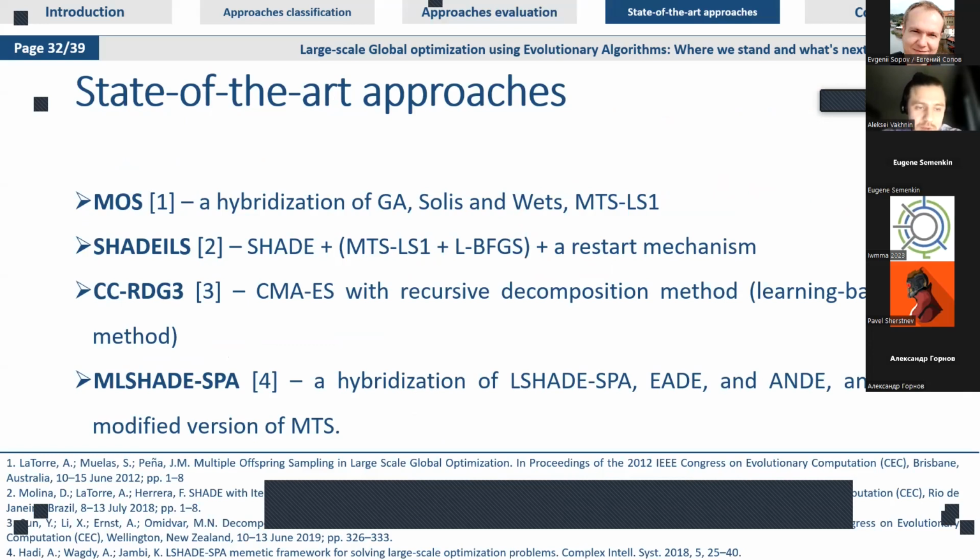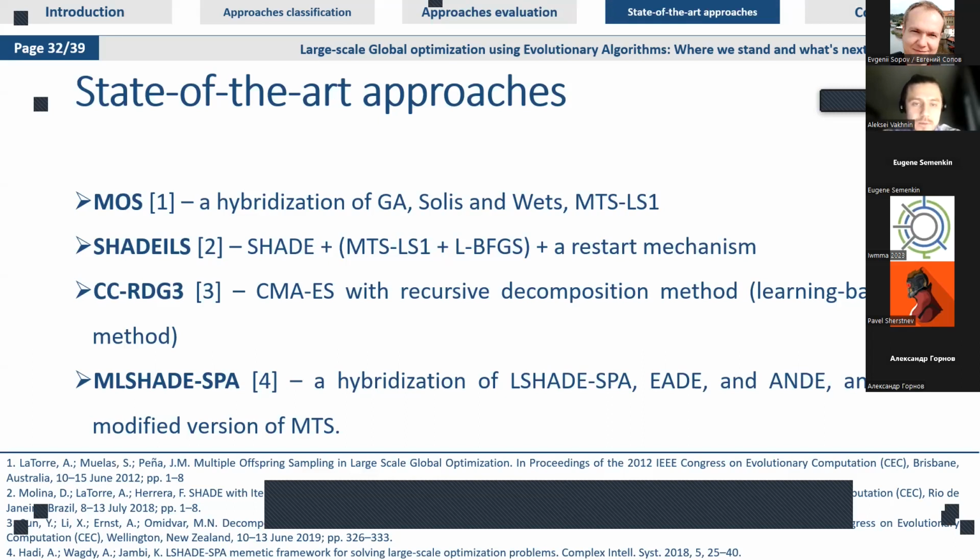MOS is very popular. It's a multiple offspring sampling. The classic version of this algorithm is a hybridization of a real-coded genetic algorithm, SOLIS and Wets, and multiple trajectory search, LS1. And the second, and right now the leader, is SHADE-ILS.